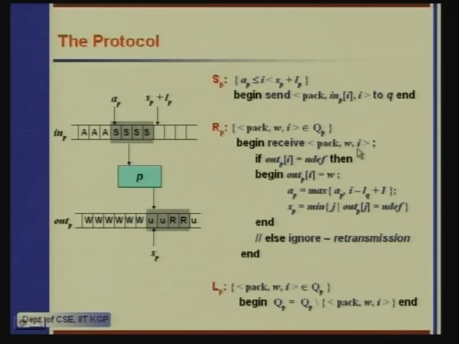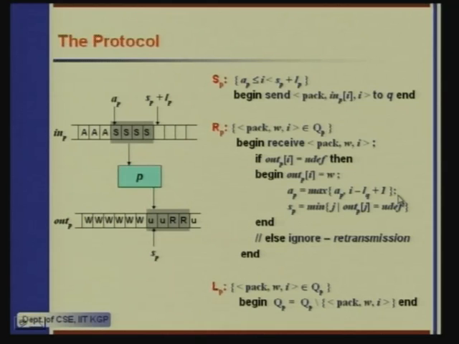Because the fact that this packet is received here is acknowledging that all packets from in P0 through in P I minus LQ have already been received. That is why that packet was allowed to be sent. So, therefore, we need not send any packets from in P0 through in P I minus LQ plus 1 anymore. So, therefore, AP is updated to the max of the present value of AP and this.